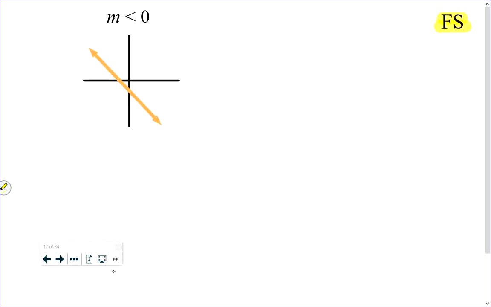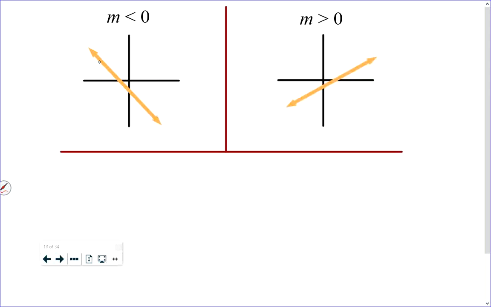So what that means is this is a negative slope. Because if I were to start at a particular point and take a positive run, then I have to take a negative rise. So left to right, if a ball rolls downhill, it's going to be a negative slope. On the other hand, left to right, if you have to roll the ball uphill, it's a positive slope.